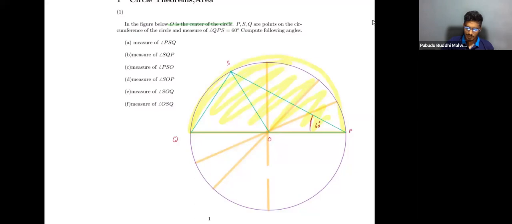Now it's very obvious that this angle should be equal to 90 degrees, because again, angles in a semicircle. I think you can understand that. So PSQ equals 90 degrees. What's the reason? Angles in a semicircle.